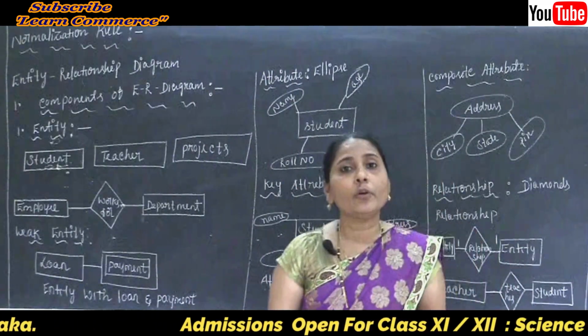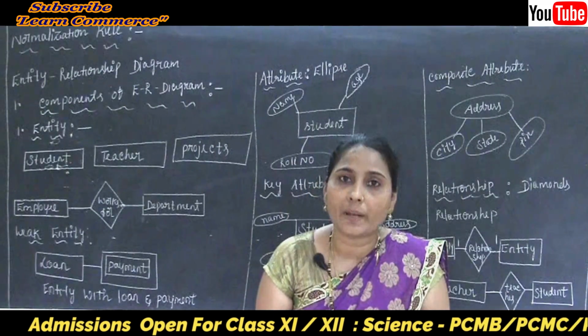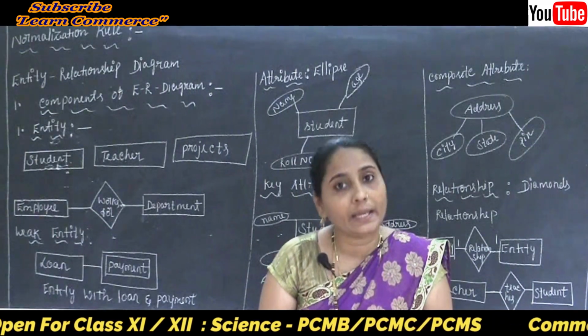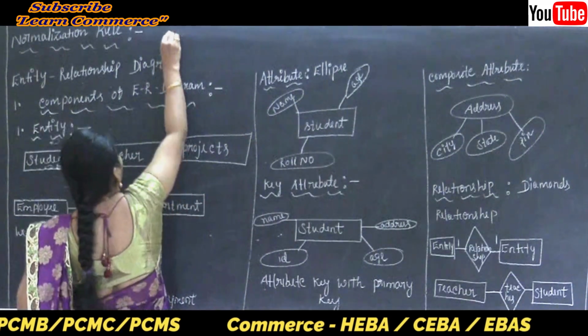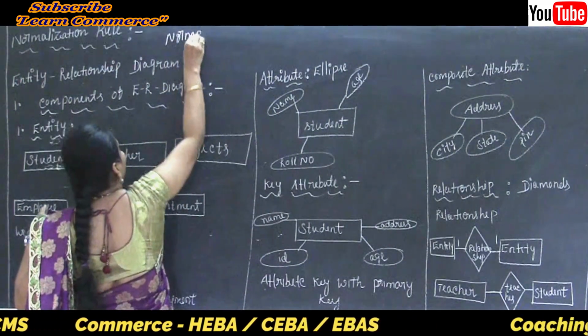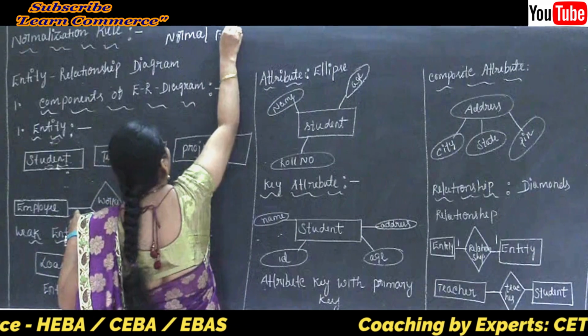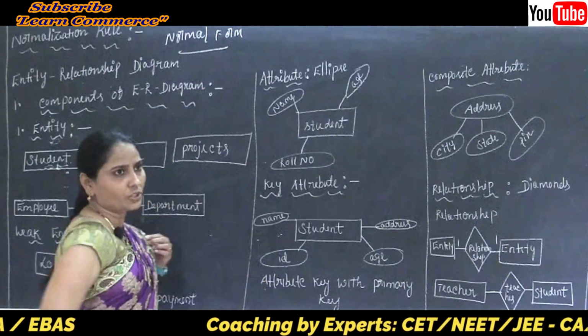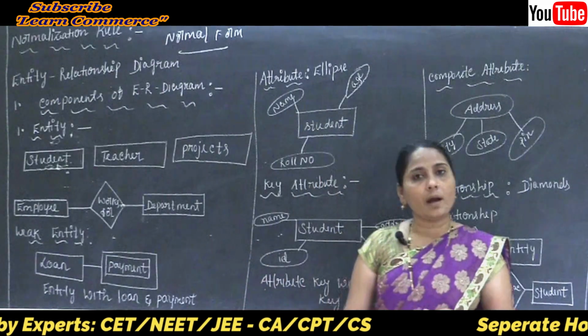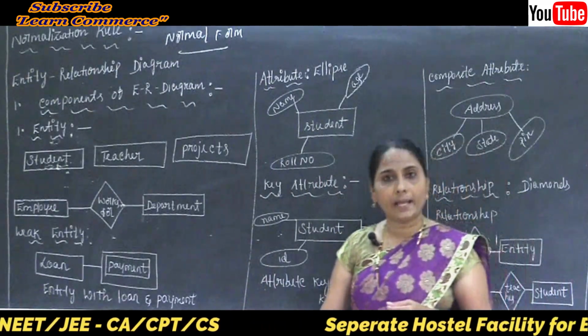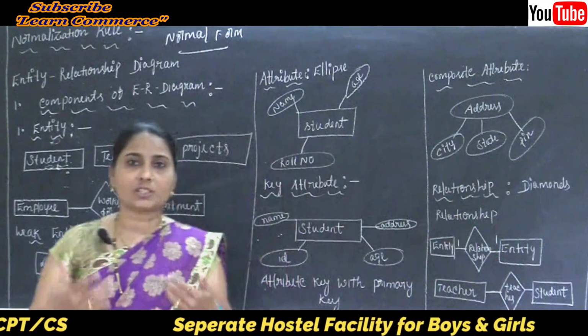There are a few rules in database normalization, and each rule is called a normal form. The rules are the first normal form, second normal form, third normal form, and also BCNF. Later I will tell you the full form of each.